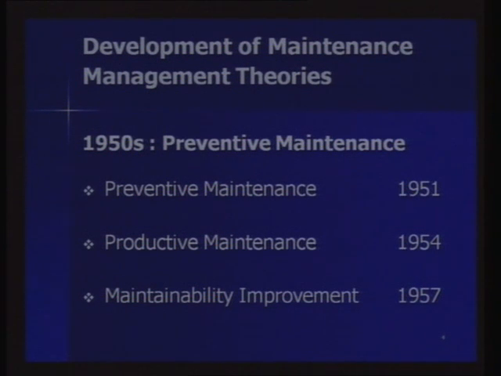This maintainability means that if the equipment goes out of order, how much time it will require to restore it, how quickly we can repair the equipment. That we call maintainability improvement.